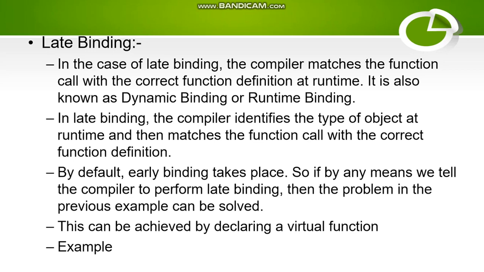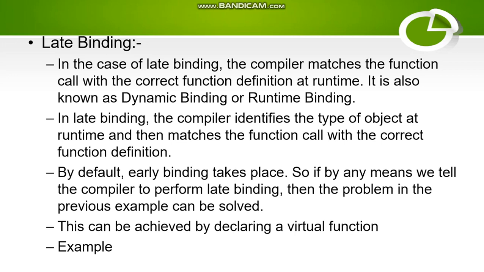So, if by any means we tell the compiler to perform late binding, then the problem in the previous example can be solved. This can be achieved by declaring a virtual function. By default, the compiler executes early binding only.